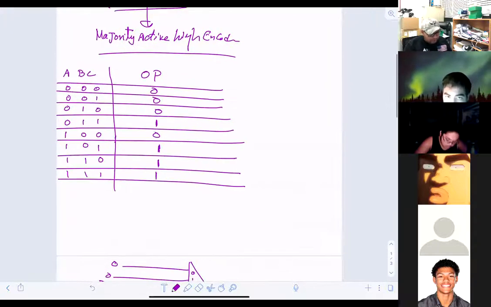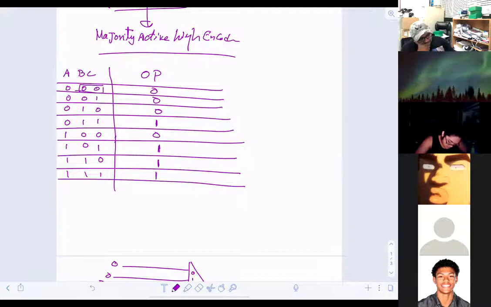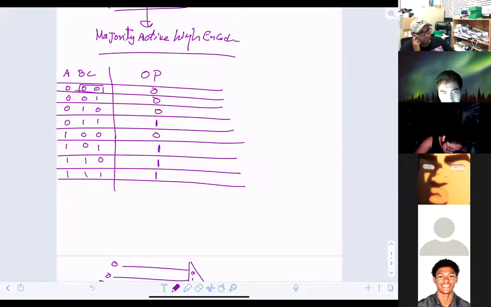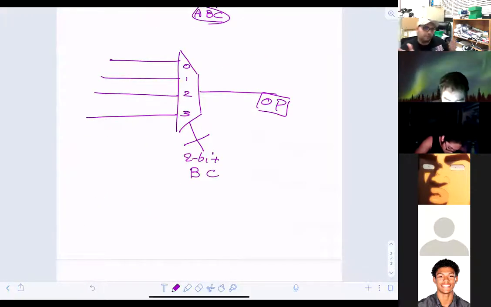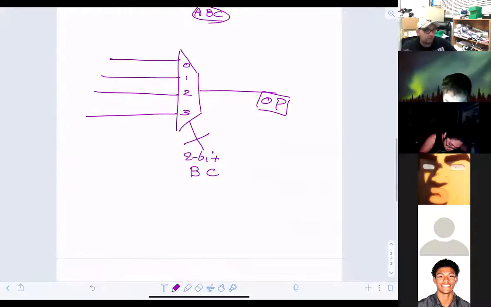So I can look at my table and say, you know what? Interesting. I can say I will take B and C to be the controller. Okay? So I take B and C and make them the controller.